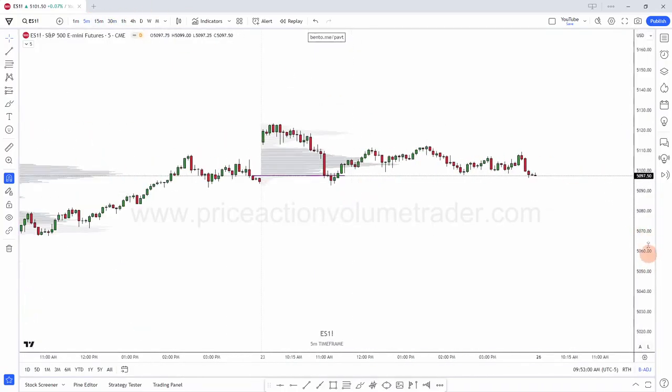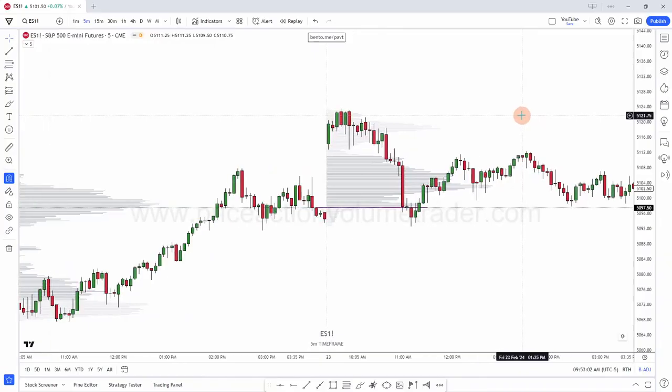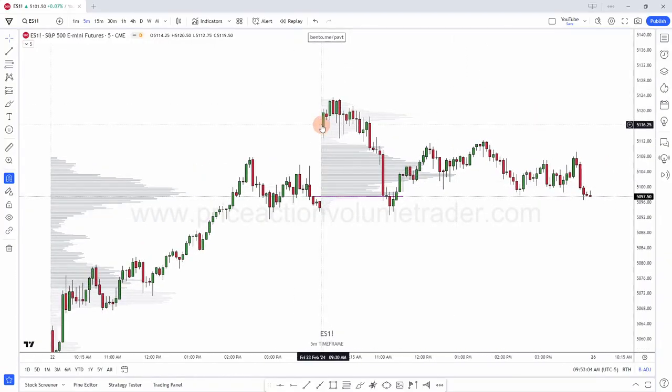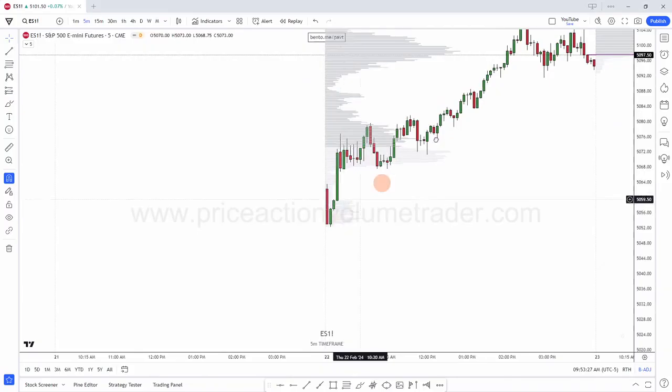So if we go into a lower time frame, you can see how here the market just pretty much pushed down into this low, this bottom area of this high volume node. We filled in the gap over here. This held as well as support, and then we had a nice move up from that level.